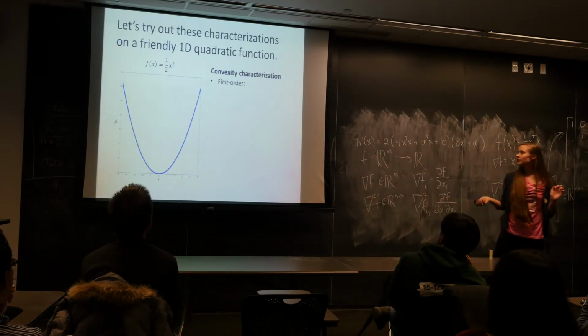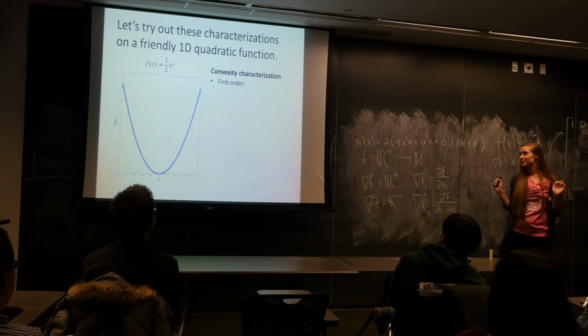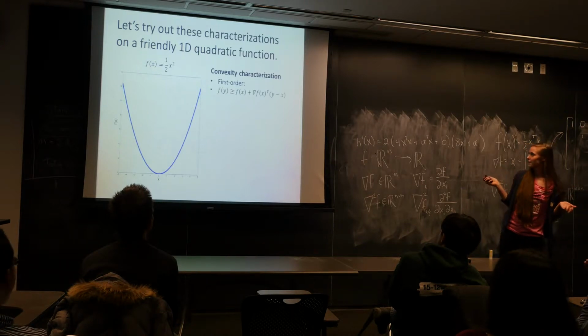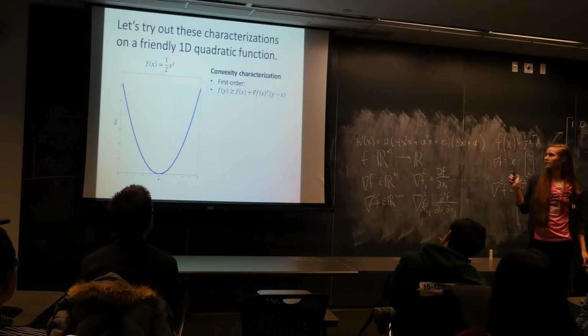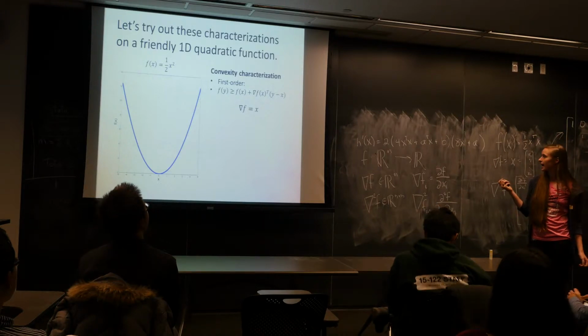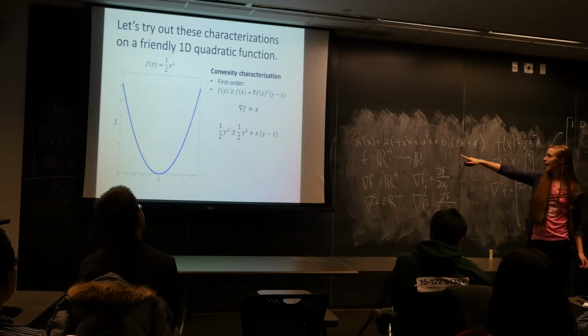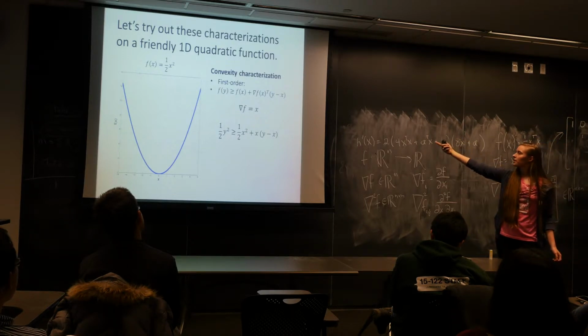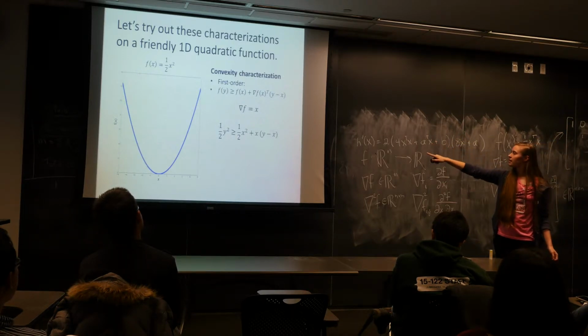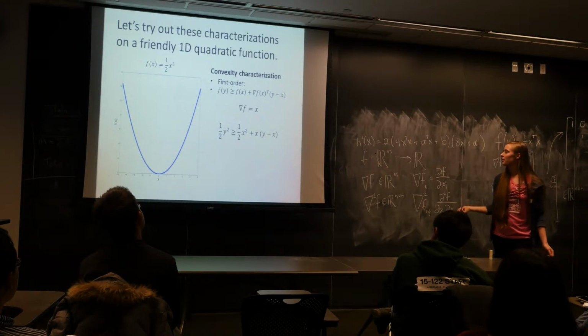So now, this is a very nice function because we know its first derivative. Here we're going to look at this first order characterization. We already know that the gradient of f is x. And if we substitute that into our first order characterization to see if it holds, here I'm just applying the function and also substituting an x for the gradient.